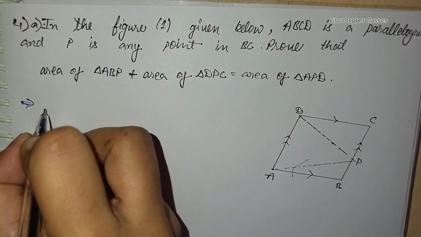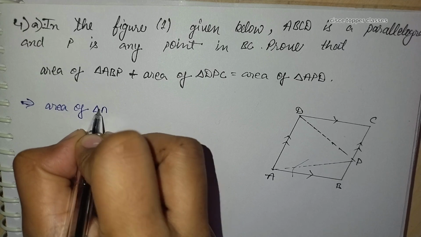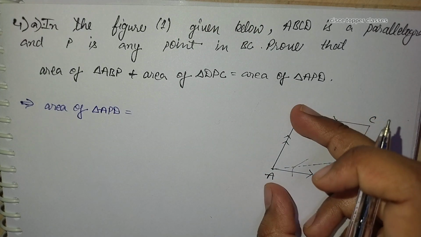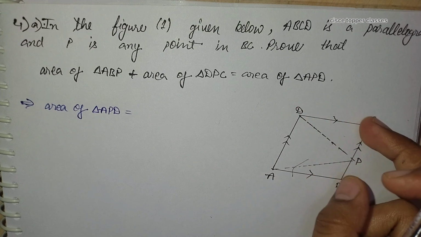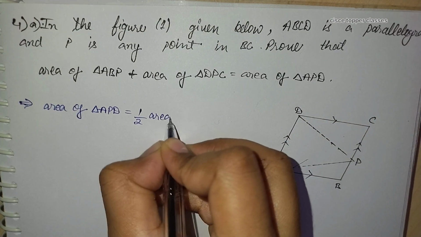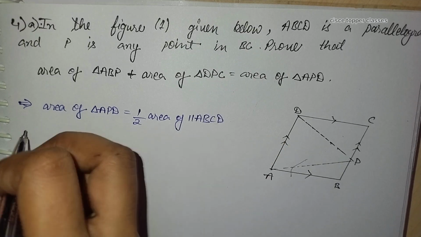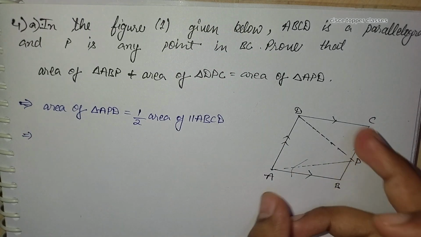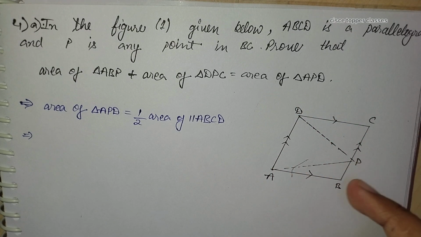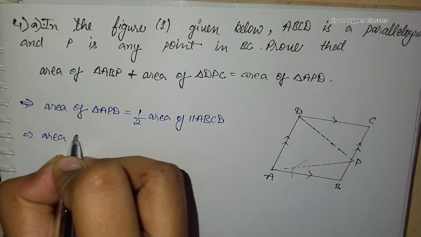So simply we can say that area of triangle APD, because it is on the same base and between the same parallel lines, is equal to half of area of parallelogram ABCD. Now, this whole area ABCD is also the sum of area of triangle ABP, APD and DPC.